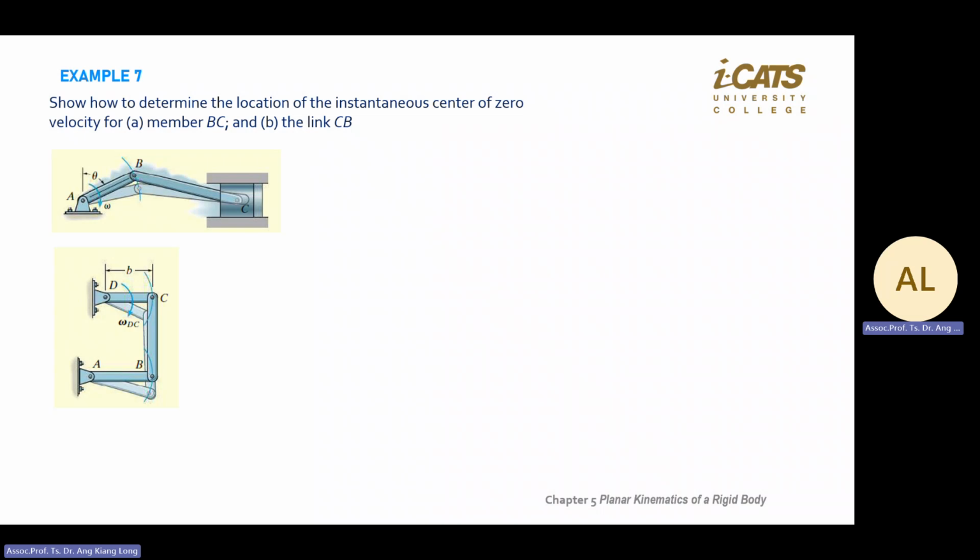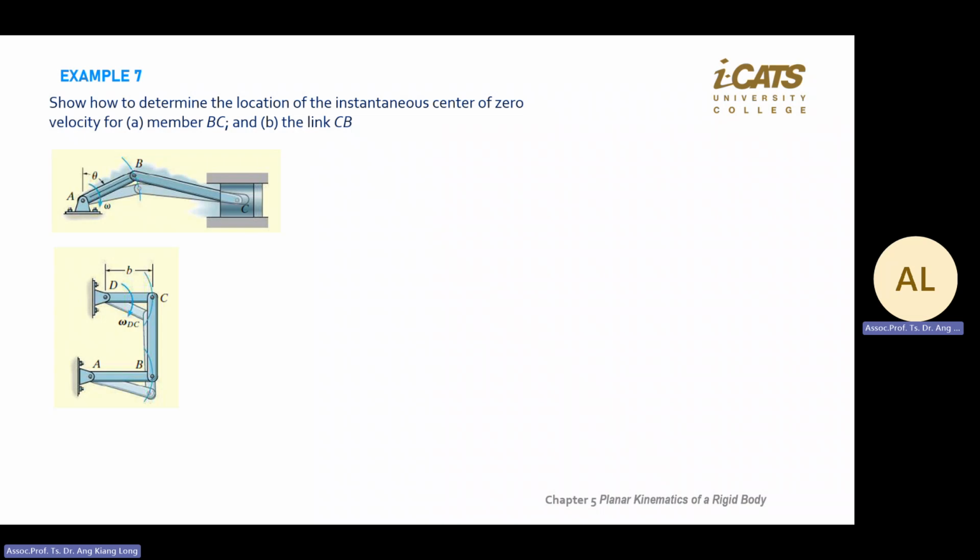What is the motion? Rotation. Okay. B is general plane motion. B rotates and also translates. So for the diagram below also, you should be able to identify what motions you have.